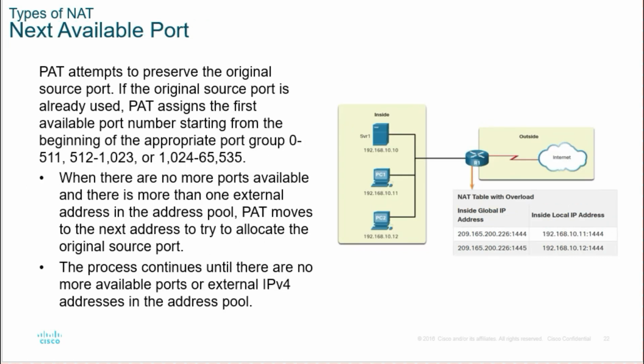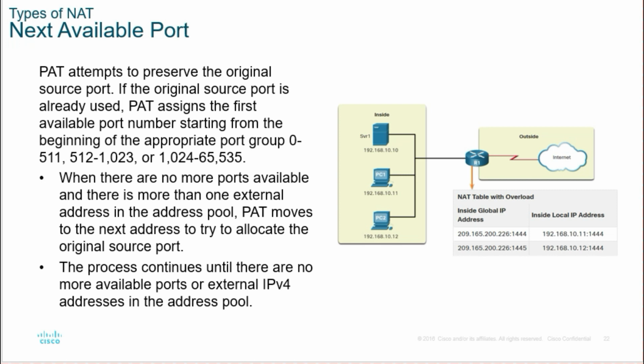So macam mana nak make sure kita boleh guna banyak? So sebenarnya dalam ephemeral port number, kita ada this group of available port addresses ataupun port number. Jadi selagi number-number ni available, satu inside global kita boleh translate kepada banyak-banyak inside local. Kita ambil lah satu available port number daripada group ini dan mapkan dia.